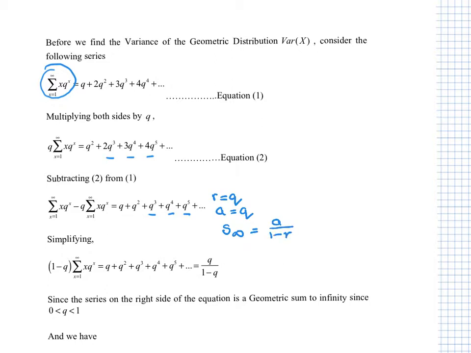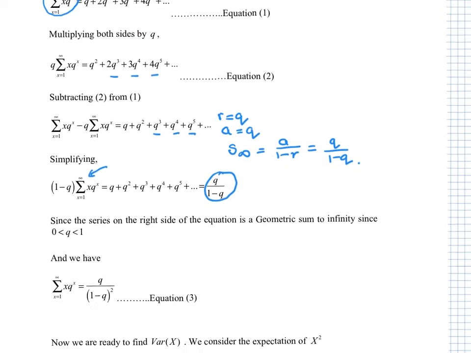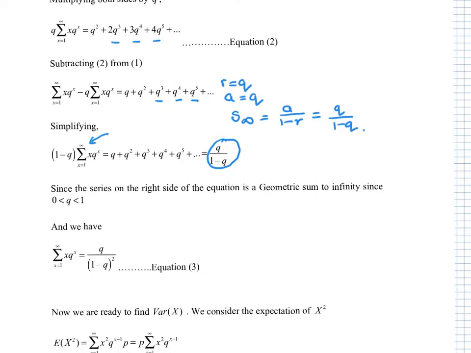And in this case, it will be q over 1 minus q, as you can see on the right hand side over here. We also factorize out 1 minus q on the left, as you can see. And we have the sum of x q to the power of x from x equals 1 to infinity being q divided by 1 minus q squared.